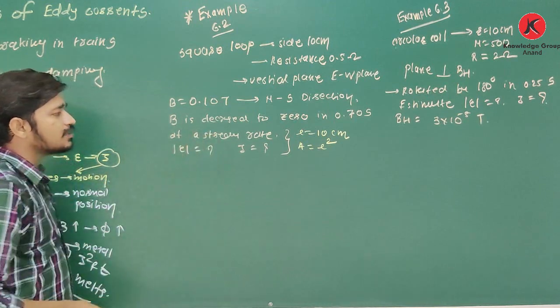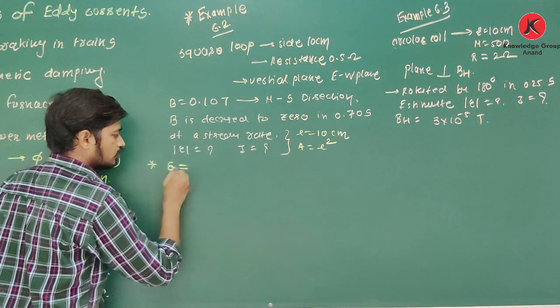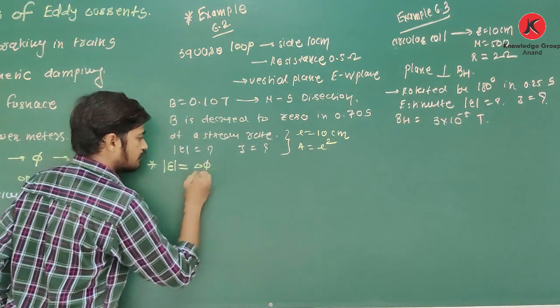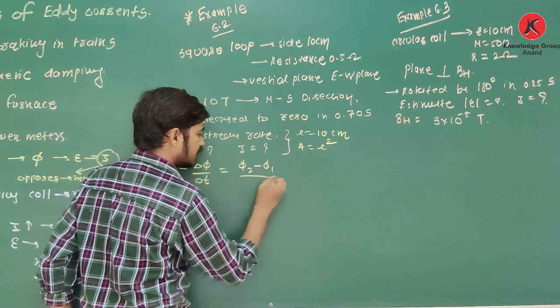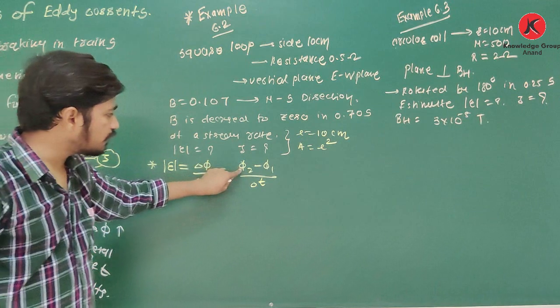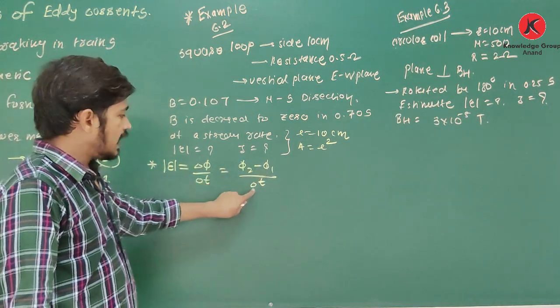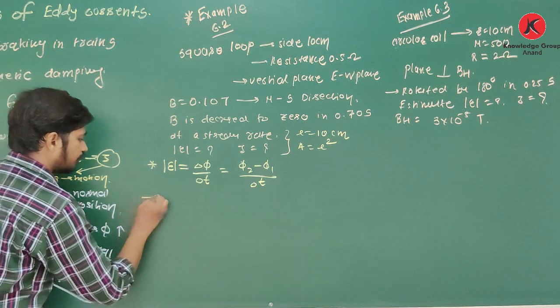Induced EMF means, see, how to find induced EMF: mode of E is equal to delta phi upon delta T. Delta phi means phi 2 minus phi 1, upon delta T. So first of all we have to find phi 1, then phi 2, and then we have to apply delta T. Simple? Okay.